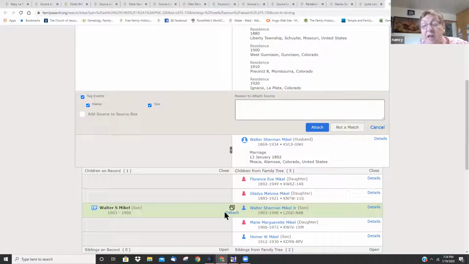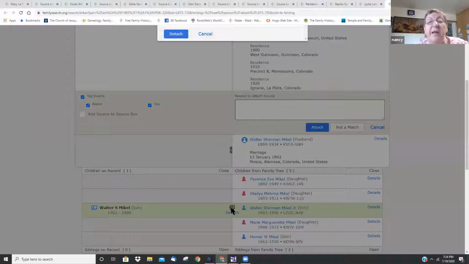Now, somebody has already attached it to him. And so they went through and said, yes, Walter S. Michael, who died in California. I'm going to detach it for just a minute so that you can see what it looked like.